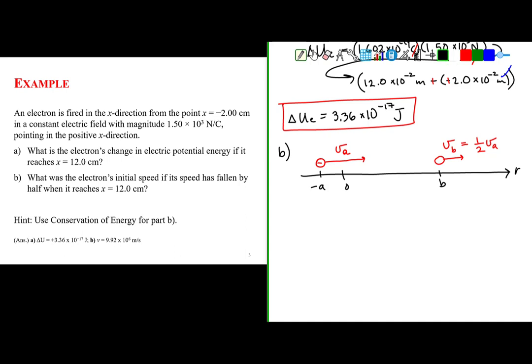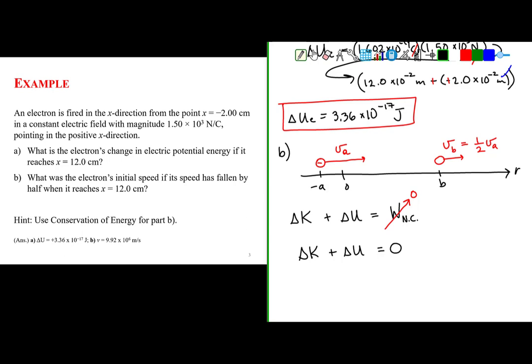Conservation of energy says that the change of mechanical energy, which is the change of kinetic energy of a system plus the change of potential energy of a system, in the absence of non-conservative forces, is equal to 0. So in other words, conservation of energy relates kinetic energy and potential energies due to conservative forces in the absence of non-conservative forces.